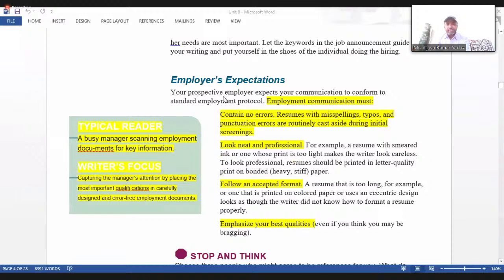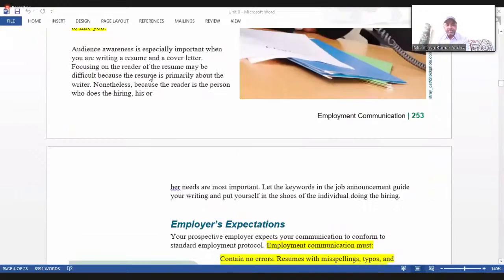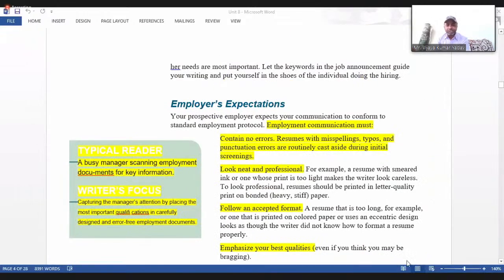Now, employers' expectations. These are the employers' perspective. Employment communication must contain no errors. Whatever job application or resume you write, there should not be any kind of errors: no spelling mistakes, no typos, no punctuation errors.